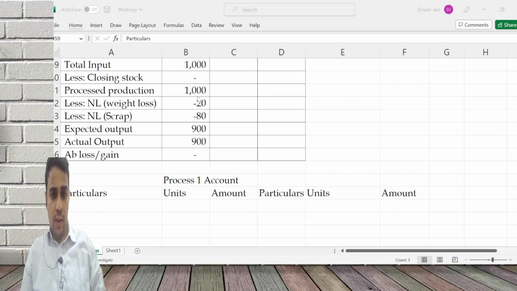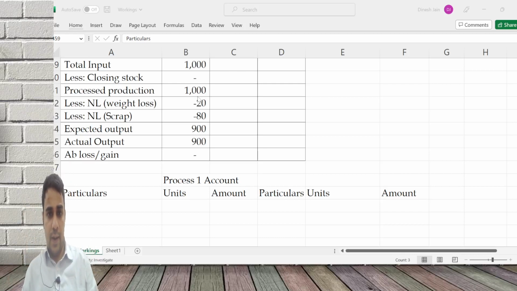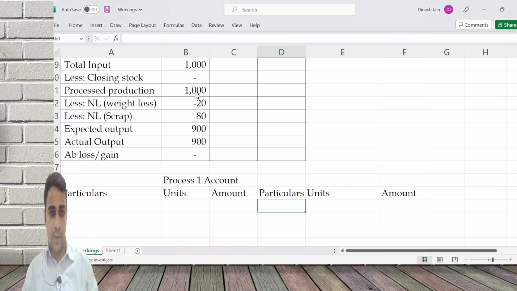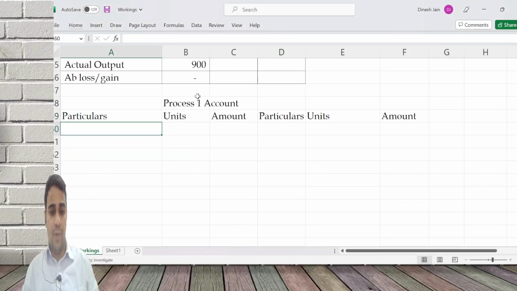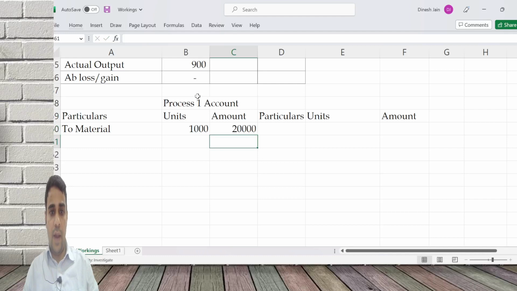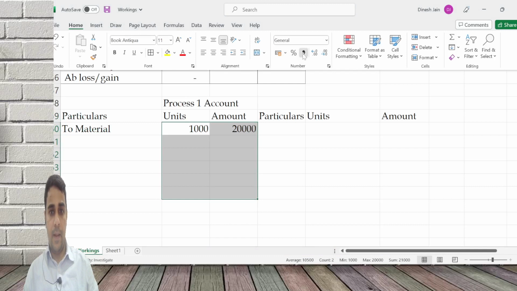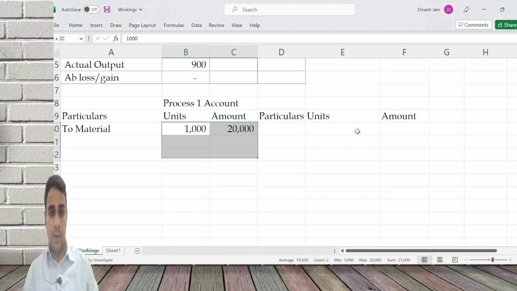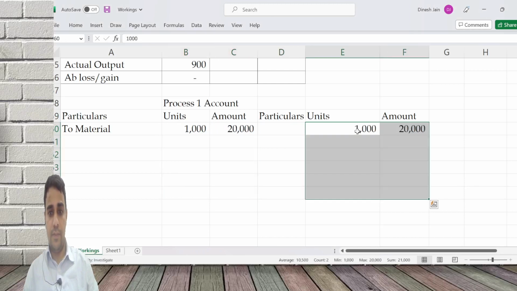Process 1 account. Particulars, units, amount. I'm not writing opening stock and all. To material, 1000 units, value is 20,000.